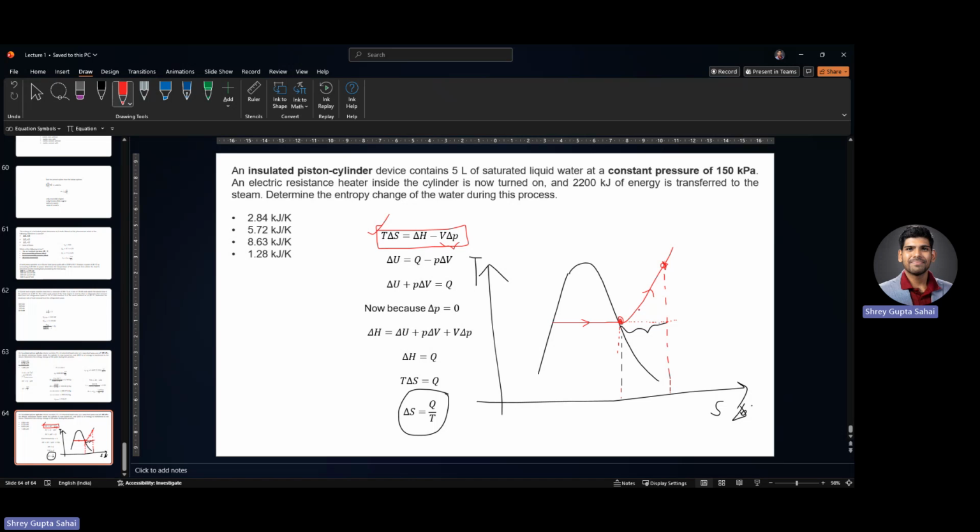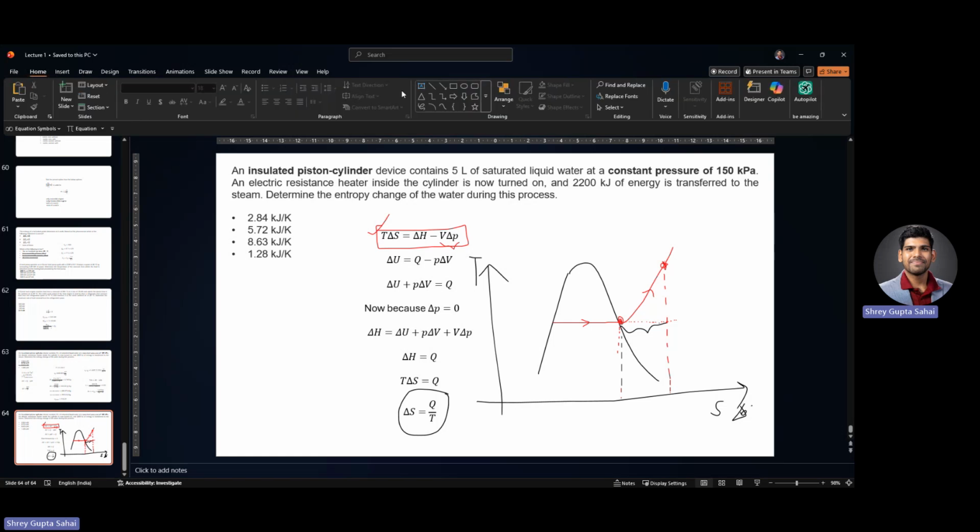So in that case, delta H will still be Q by T. But the issue is that this cannot be integrated like this, because in this part temperature does not remain constant.